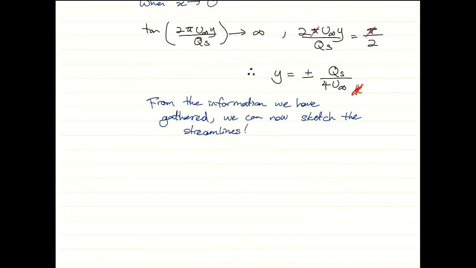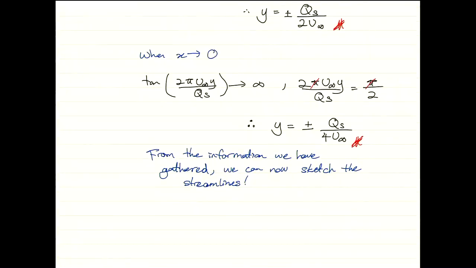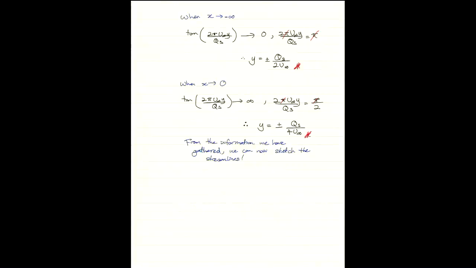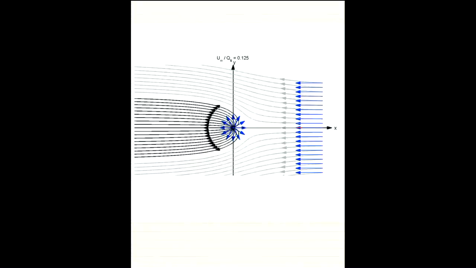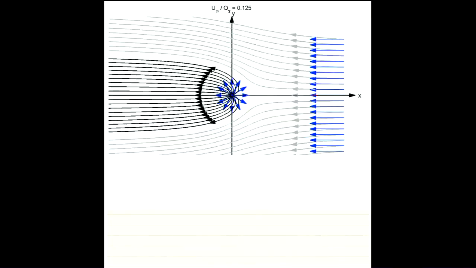Okay, so from this information which we have gathered, we can then sketch our streamlines. Going back here, now we know where our stagnation points are.